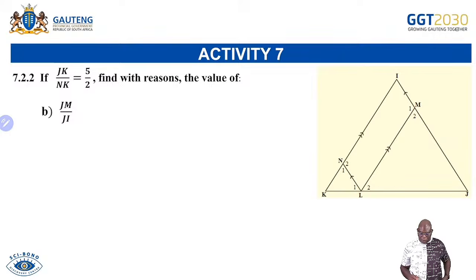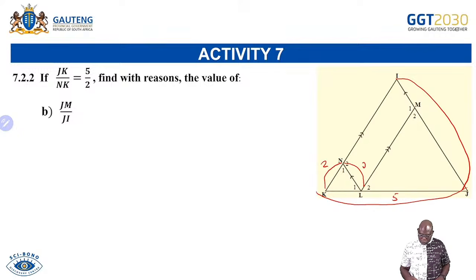Now, in this one, you're given that JK is 5 and NK is 2. Already I know that this over that is 2R over 5R. I'm just going to write that. This is 2R and that is 5R.